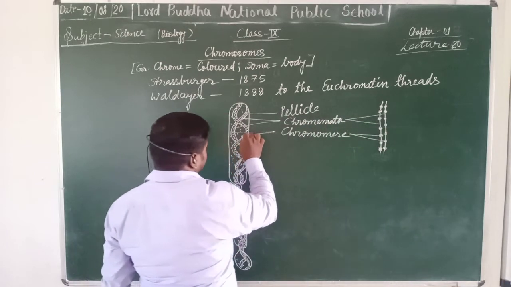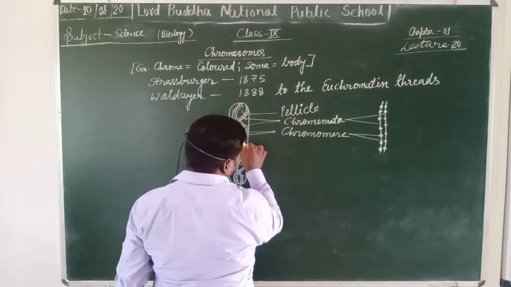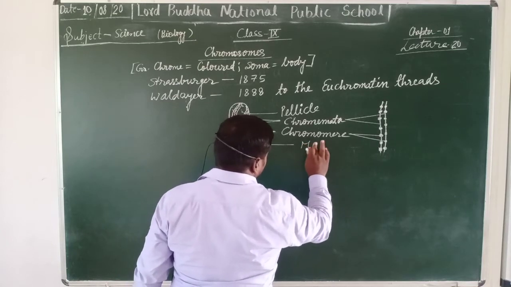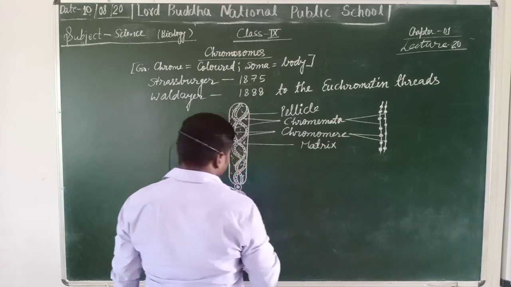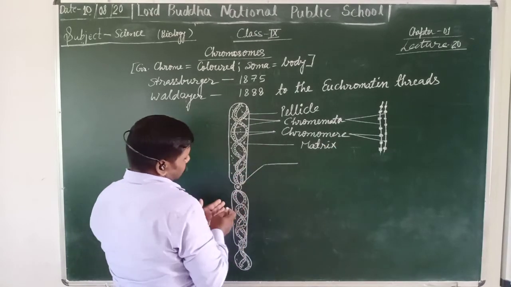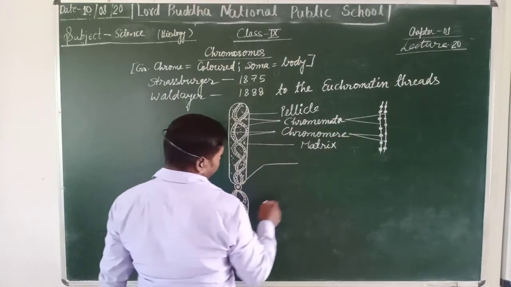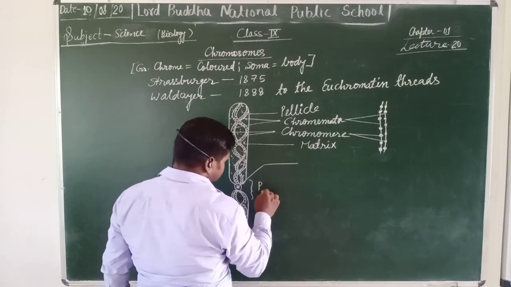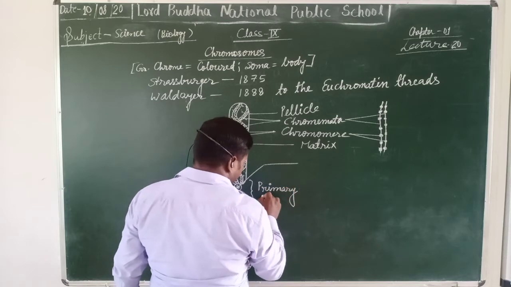Now the matrix is the fluid content that fills the inside of the chromosome, the chromosomal matrix. This is the centromere, where both chromonemata fuse to form the region of primary constriction.